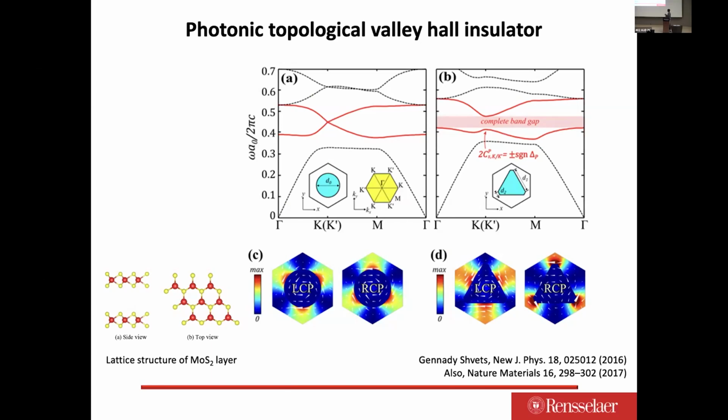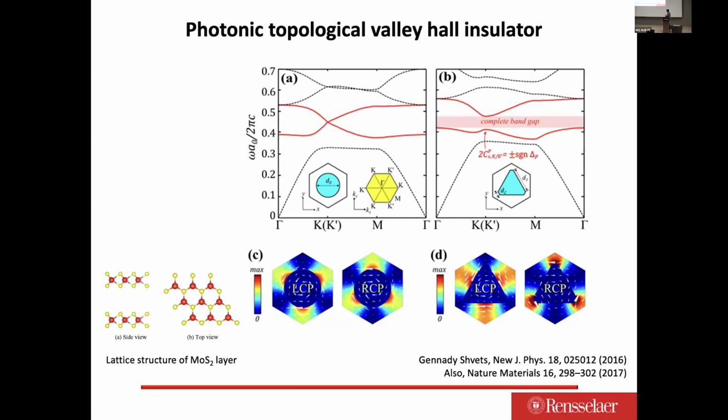Such an analogy has been mapped into photonics by Professor Gennady Shvets. He designed a photonic graphene where the left-handed and right-handed circularly polarized light show the same K-space valley.